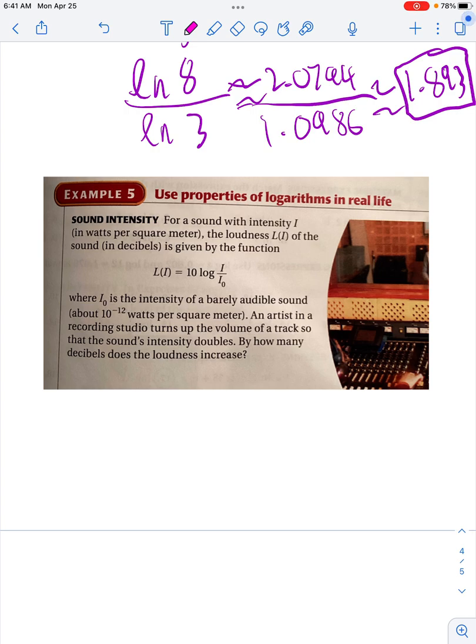For a sound with intensity I in watts per square meter, the loudness of the sound in decibels is given by the function. Okay, so we've got this nice function here where I sub 0 is the intensity of a barely audible sound, about 10 to the negative 12 watts per square meter. An artist in a recording studio turns up the volume of a track so that the sound's intensity doubles. By how many decibels does the loudness increase?